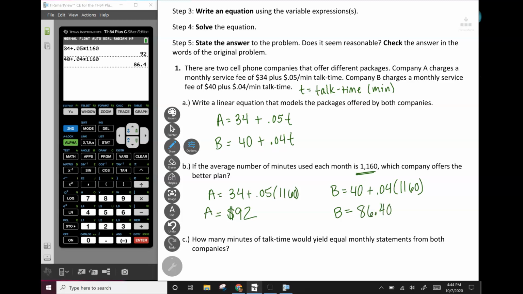So not a huge difference. But if you think about that adding up over months and years, you would definitely want to go with Company B. Company B is going to give you the better deal if you are using about that many minutes. Okay, going with the cheaper right there.